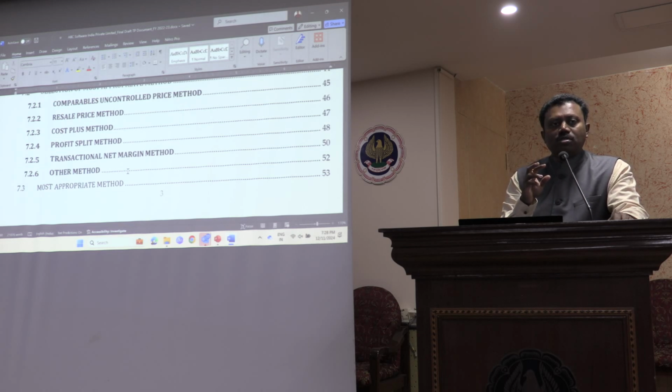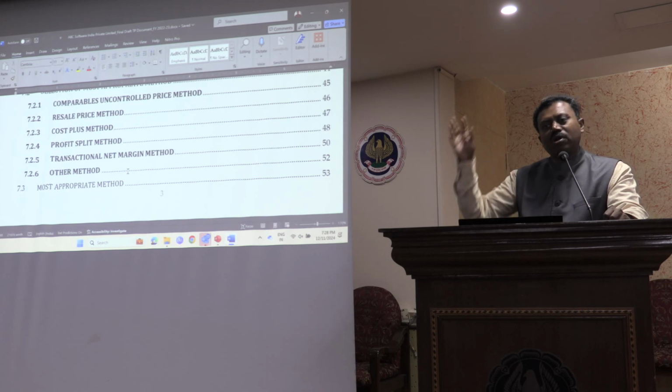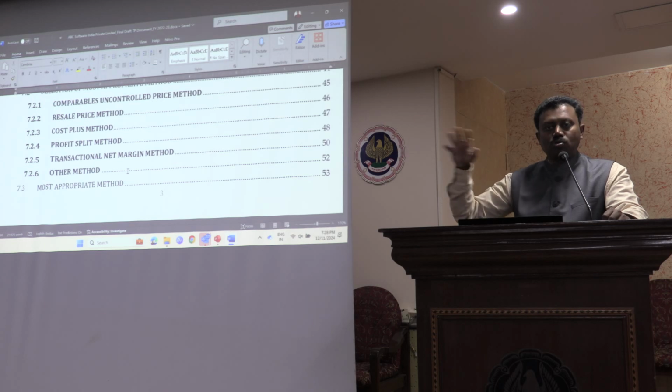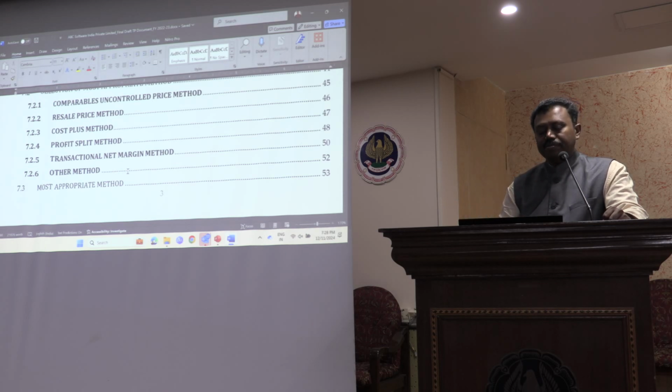In some businesses, there will be certain components which may not be easy to finalize the arm's length price based on, say, TNMM or any of the methods. Because TNMM also has some issues in those cases. For example, functionality can be different.